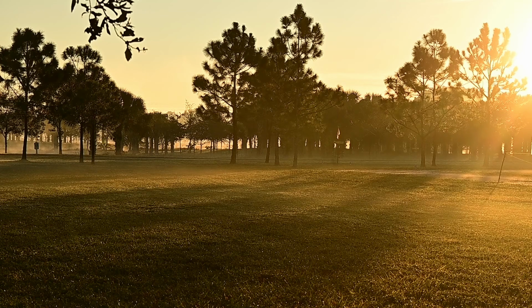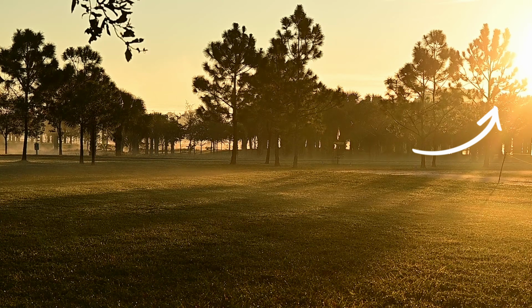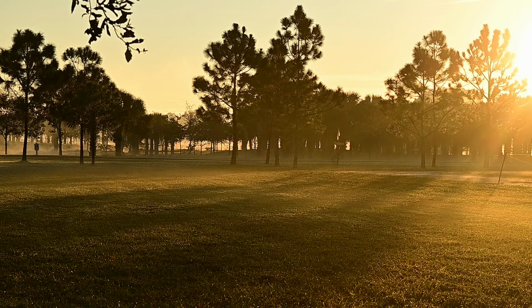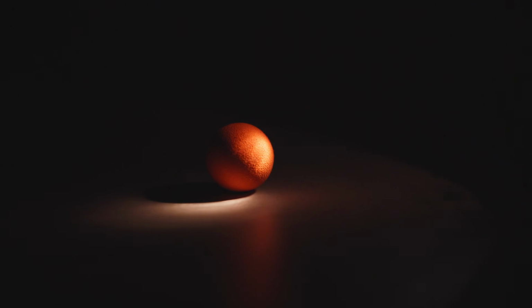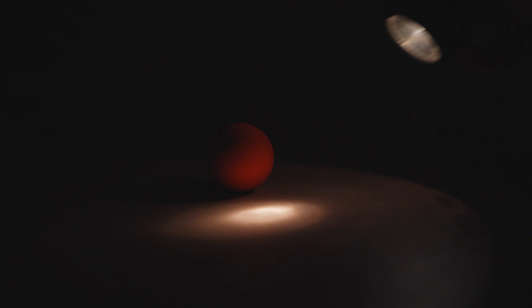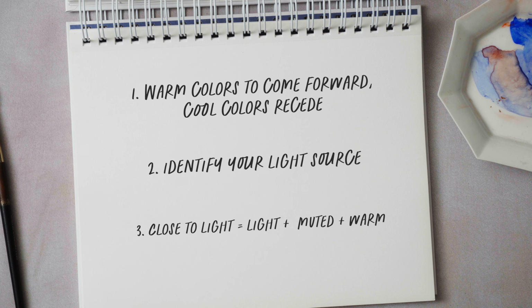Your light source is your roadmap to understanding the context of what it is you're actually painting. 3, try to remember that as something gets closer to the light source, which you have so cleverly identified, it will be lighter, more muted, and warmer, and as it moves into the shadows, it will be darker, more saturated, and cooler.